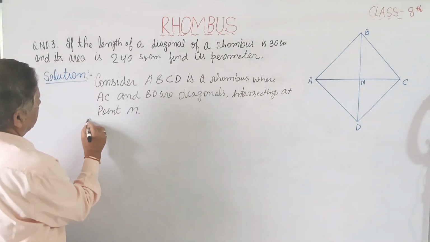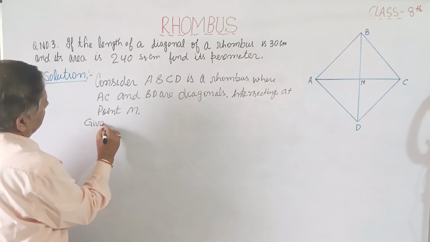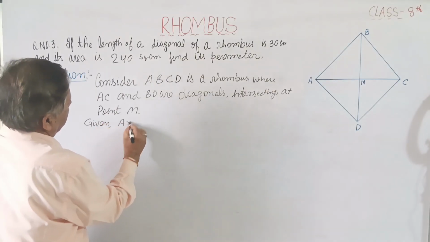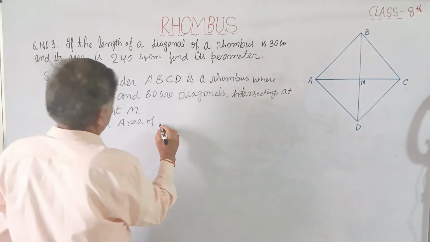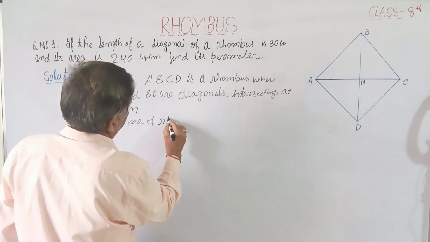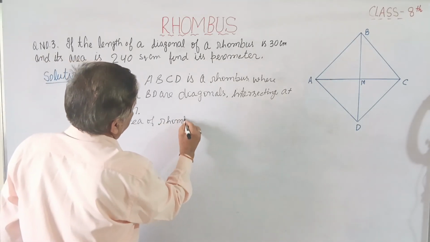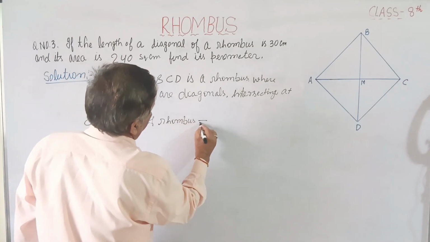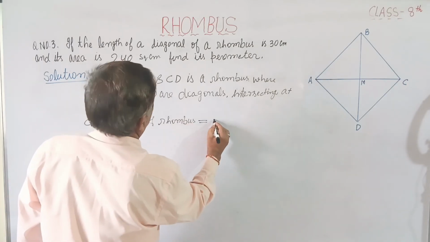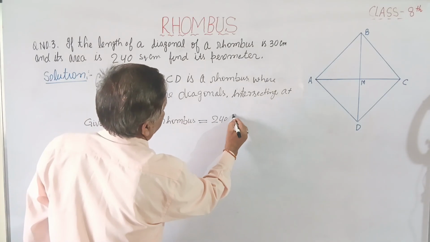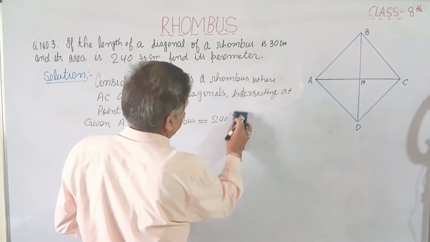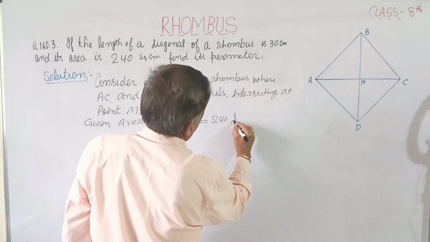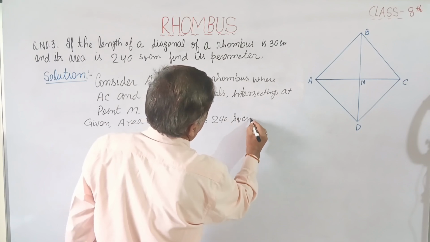Now given area of rhombus equals 240 square centimeter.